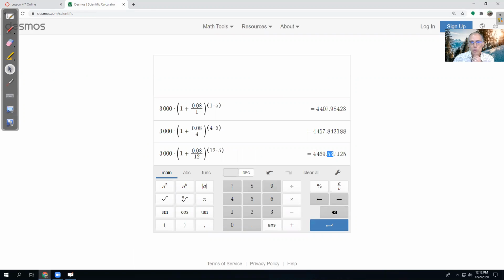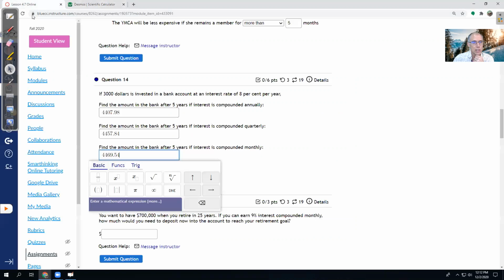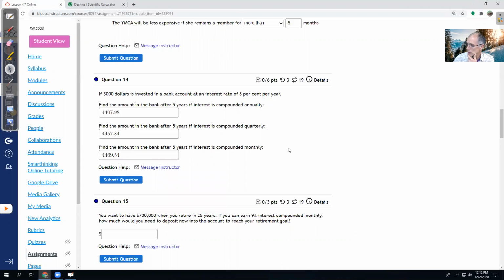And you should write that on your paper in addition to typing it into the little box there. Questions on using the compound interest formula? So either there's no questions or somebody's a slow typer.